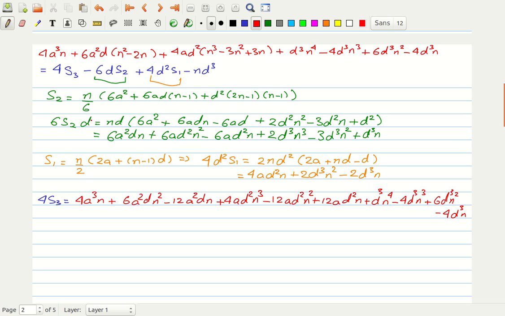So we have to add this term, using the same color, 6a square dn, wherever I find it. So plus 6a square dn plus 6a d square n square minus 6a d square n minus 6a d square n plus 2 d cube n cube.